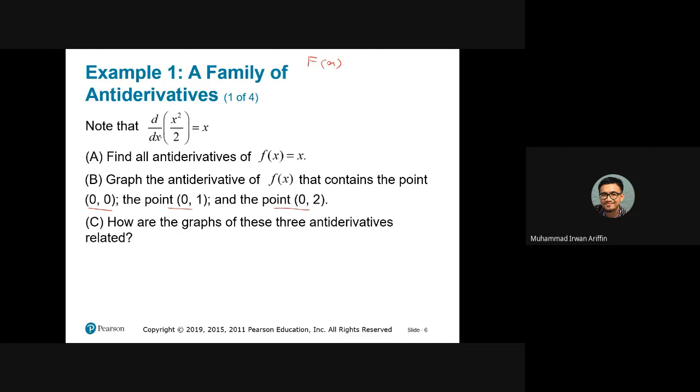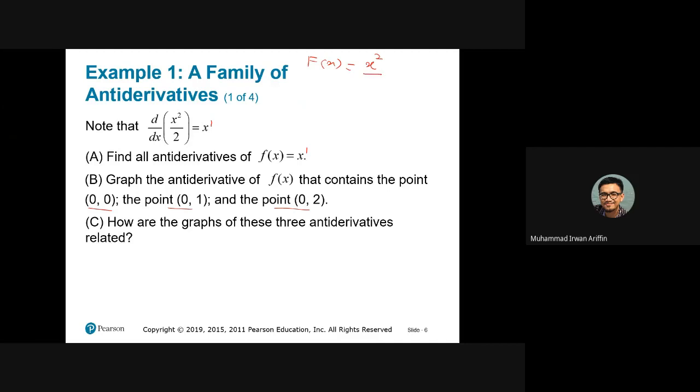For part A, if you want to find the antiderivative of this function, it will be in what form? This is originally x to the power of 1, so the antiderivative would be to the power of 2.